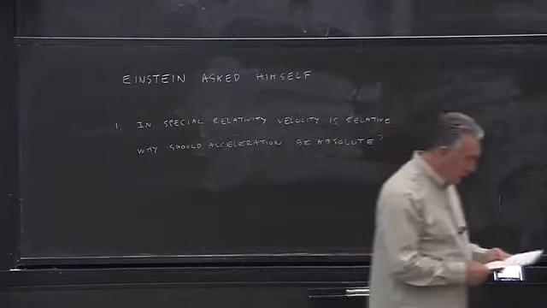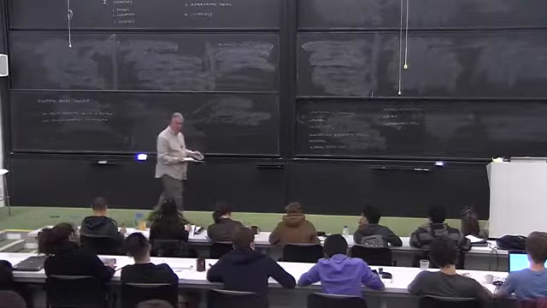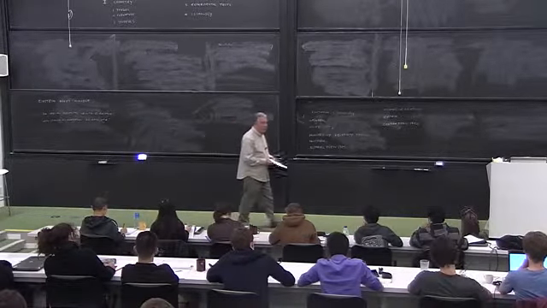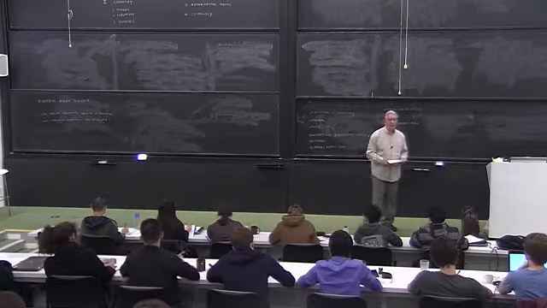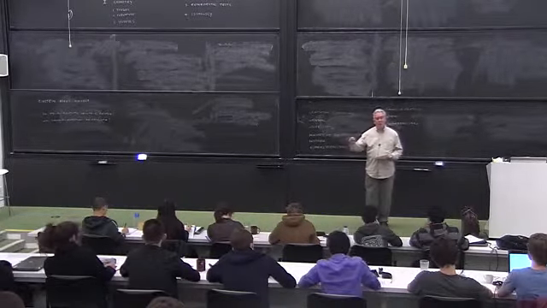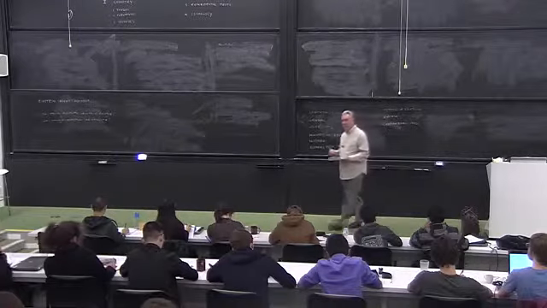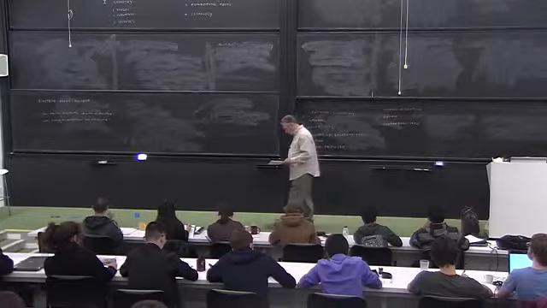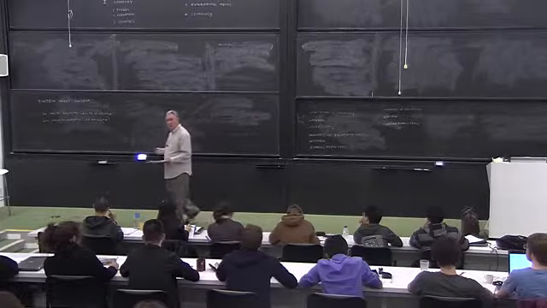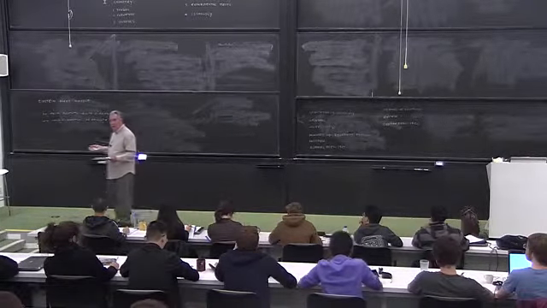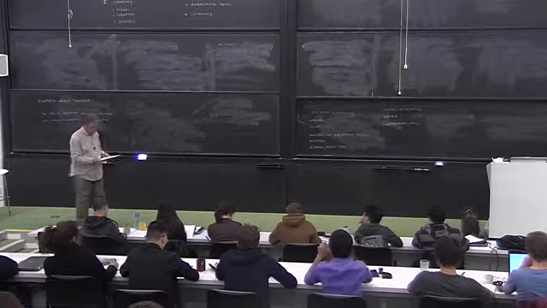In special relativity, we'd learned, and we'll say a bit more about special relativity in a few minutes, that the laws of physics are the same to two observers if they're in uniform relative motion. But they're not the same, according to relativity, if they're accelerating with respect to one another. Why should that be? Einstein asked.